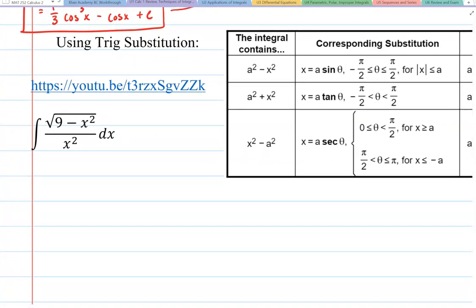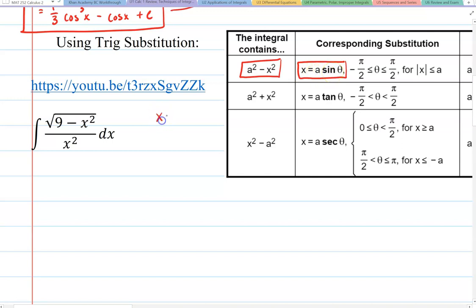Okay, so in this particular case, it looks like I've got a value, a squared minus x squared, where a is equal to 3. So since I have a value that appears to be in that pattern, then I'm going to use this substitution. I'm going to state that x is going to be replaced with a times sine of theta.